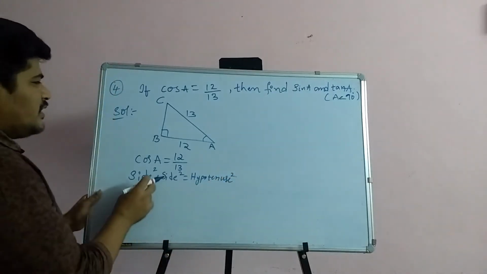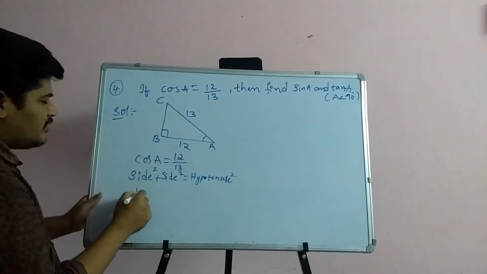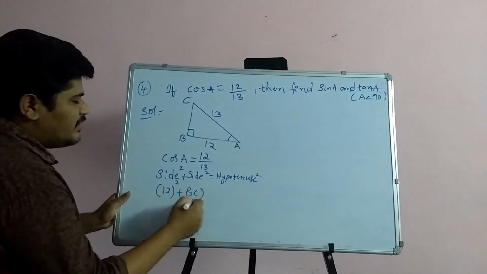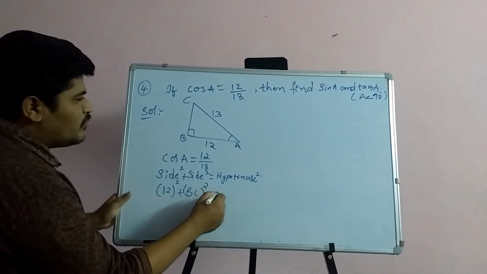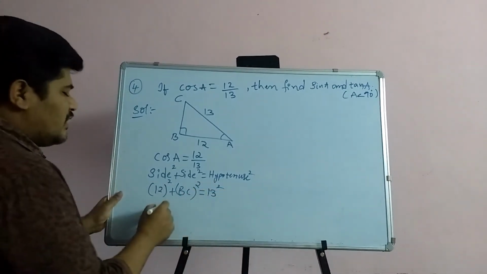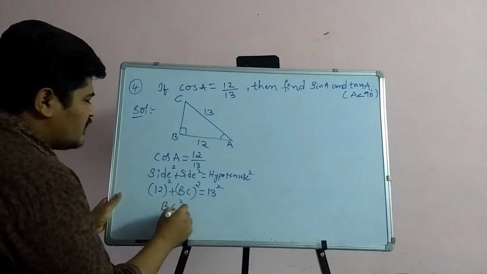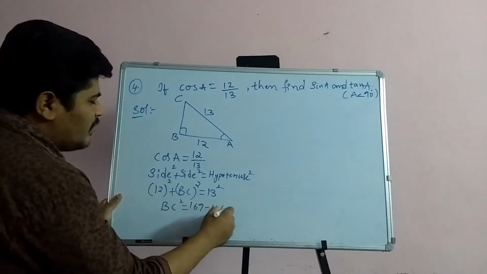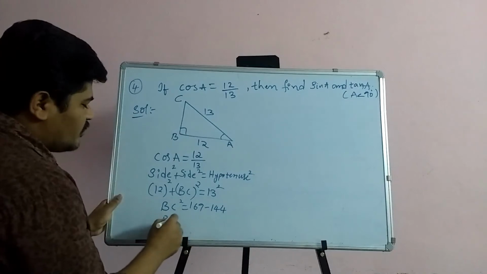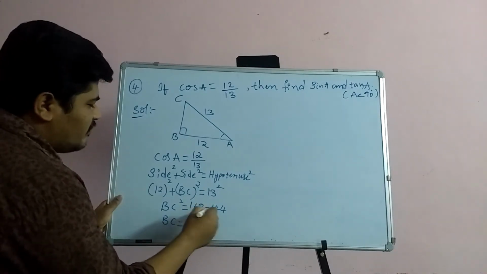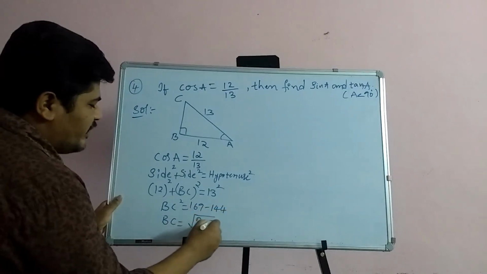Okay, so now children, one side is 12 square, another side we need to find, that is BC square, is equal to the hypotenuse, 13 square. So now children, BC square is equal to what? 169 minus 144. So BC is equal to under root of 25. 169 minus 144 is 25.